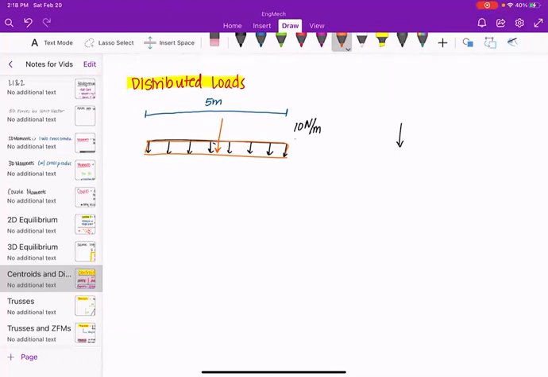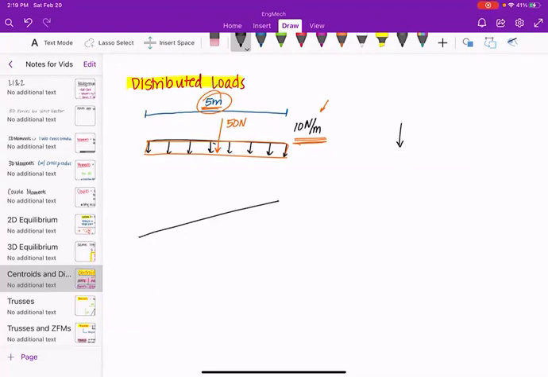I have my distributed load in newtons per meter, and I know a force is supposed to be in newtons, and this force acts over a span of 5 meters. So I multiply the magnitude of the distributed load by the distance it's acting on. This would be a point load of 50 newtons acting at the centroid.